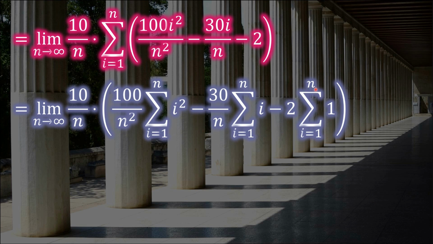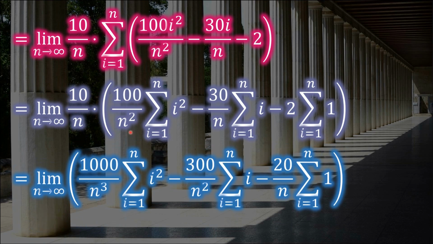Before I apply the formulas for these summations, I'm going to distribute my 10 over n, because having this double thing going on where I'm about to replace these with parentheses, and having all kinds of parentheses floating around makes it look way worse than it actually is. So I'm going to distribute this to each piece. 10 times 100 is 1,000, n times n squared is n cubed, 10 times 30 is 300 now over n squared, and here I'll get 20 over n.